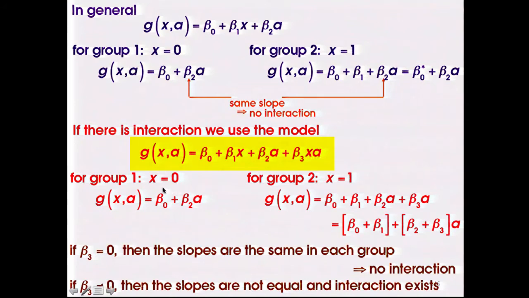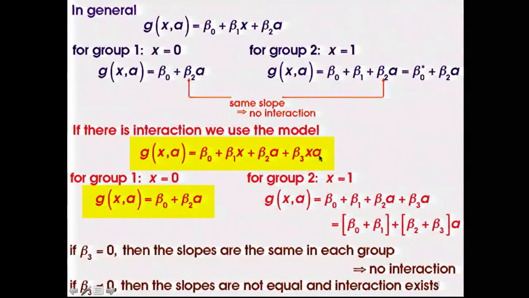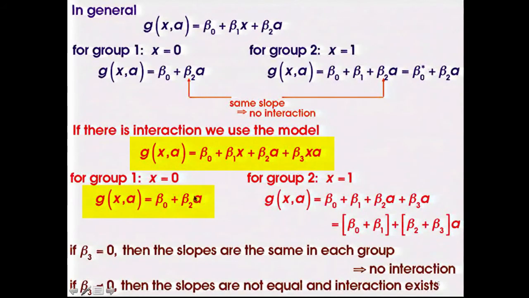So for group 1, the logit is beta naught plus beta 1 times 0, which is 0, plus beta 2 times a, plus beta 3 times x times a, and x is 0, so the last term falls out, and we're left with beta naught plus beta 2 times a. For group 2, individuals have x equal 1. So there we have beta naught plus beta 1 plus beta 2 times a plus beta 3 times 1 times a. So beta naught plus beta 1 is the intercept term, and beta 2 plus beta 3 times a is the slope.